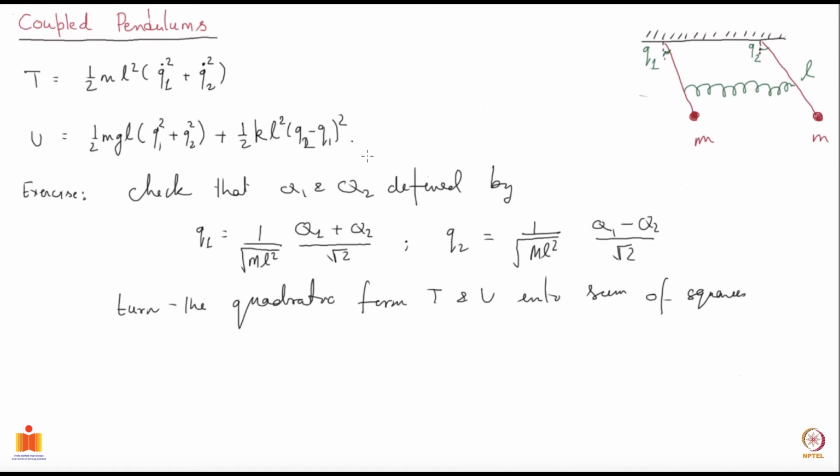Now, of course, if you invert these relations, you'll get q1 as m L square, Q1 plus Q2 over square root of 2, and q2 to be m L square, Q1 minus Q2 over square root of 2. So I could have started by saying that this is what you can guess, that I should define q1 to be a sum of these and q2 to be a difference of these.